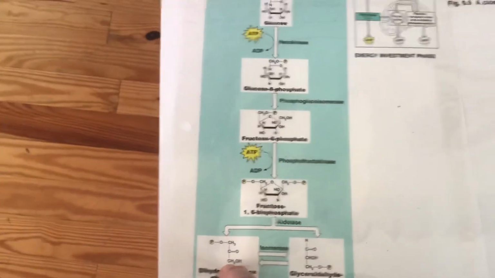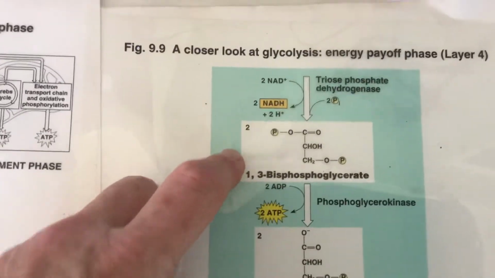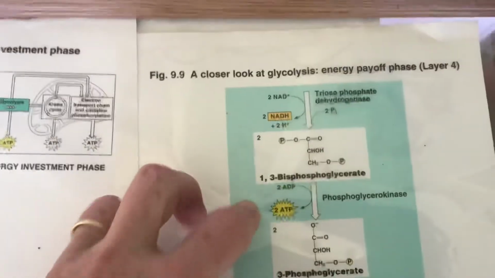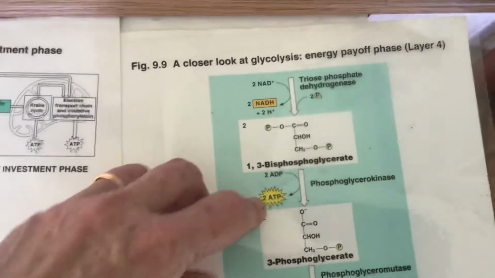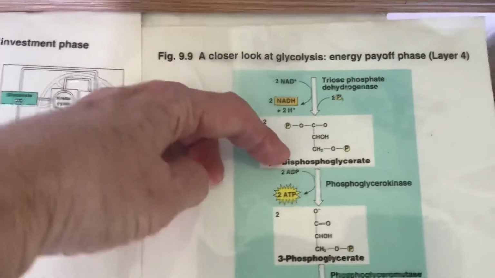Okay, so the next thing that happens, and this is a little bit confusing I think in the textbook, is that this whole diagram is ×2. What they are showing you here is 1 of them, so the amounts that are shown are for 1 each.